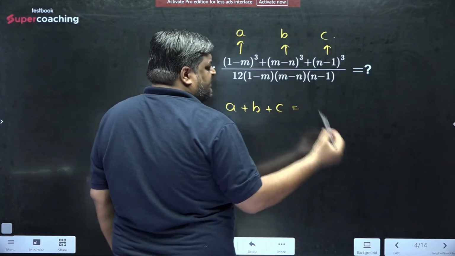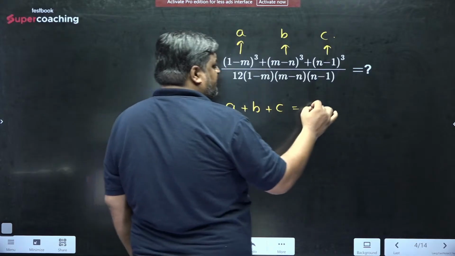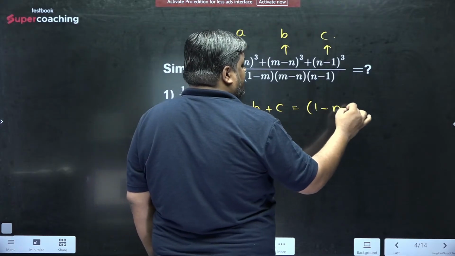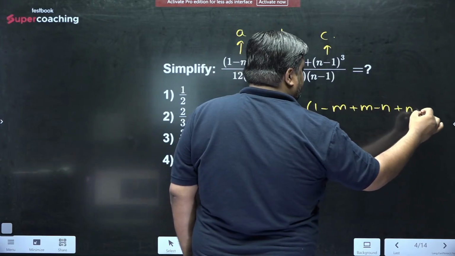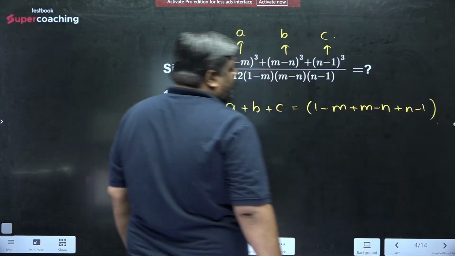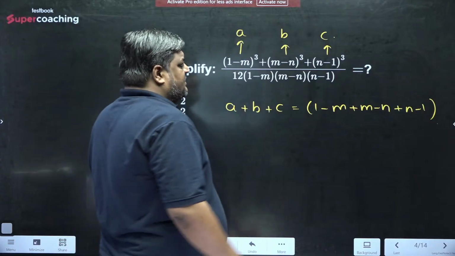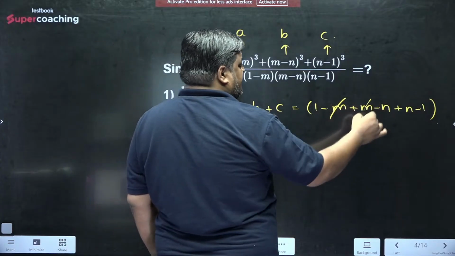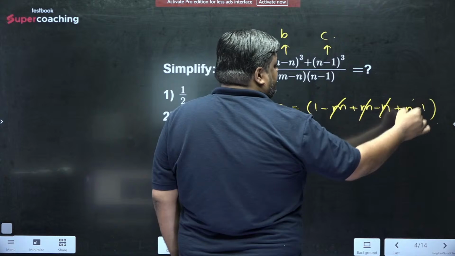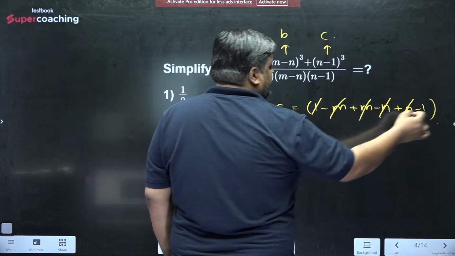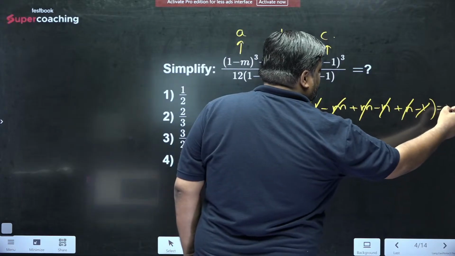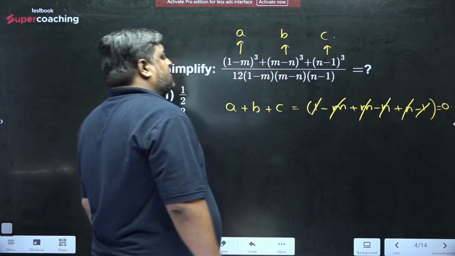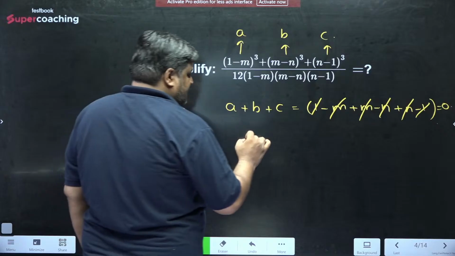It would be 1 minus m plus m minus n plus n minus 1. If you closely observe, minus m plus m cancels out, minus n plus n cancels out, plus 1 minus 1 cancels out. So this is equal to 0. So all I have is a plus b plus c is equal to 0.